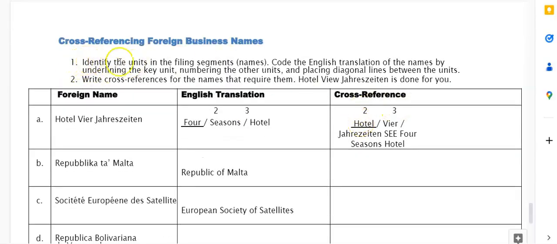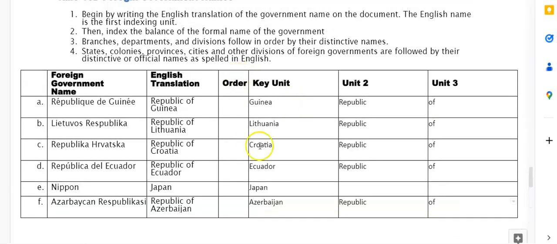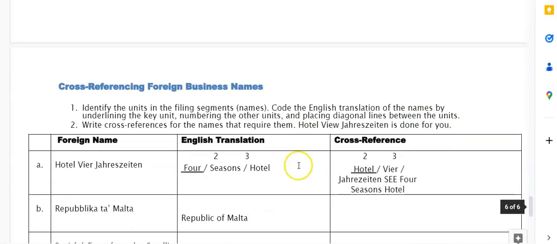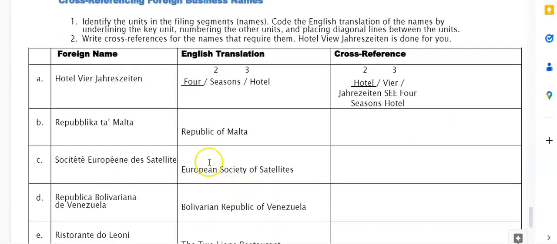So the steps here are to first identify the units in the filing segments. And just like when we had foreign government names, we want to code the English translation of the names. Remember, just by underlining the key unit and then labeling each of these as we did before. And then we need to write cross-references for the names that require them.